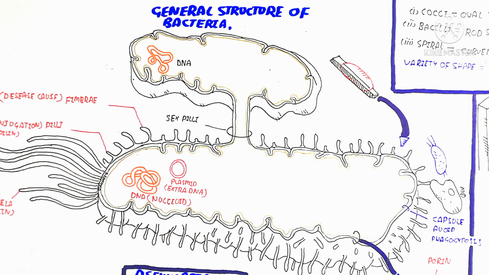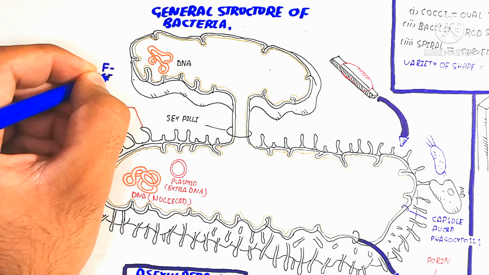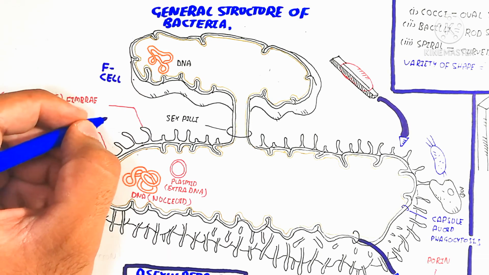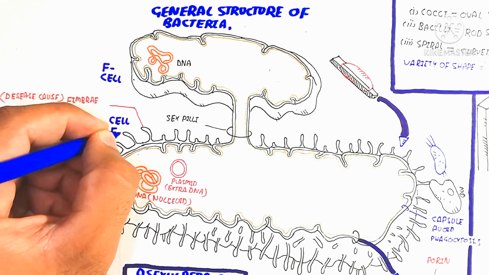Here we will discuss conjugation, which is also known as sexual reproduction in bacteria. Here is another bacterium, attached by the sex pili.